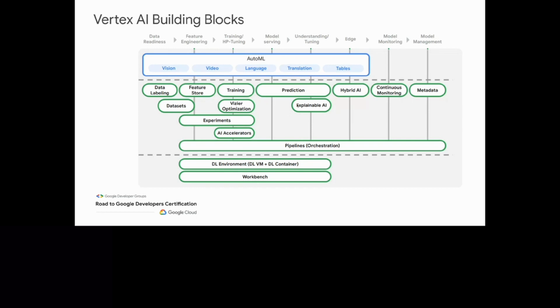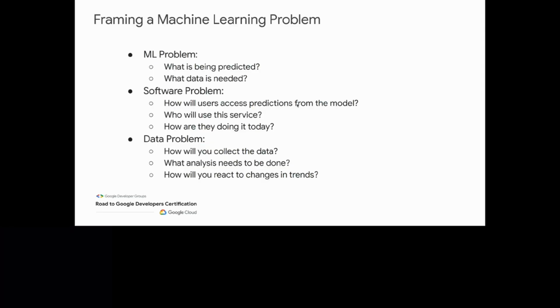So, framing a machine learning problem. A few questions to answer: what are we trying to predict, and what is the data? So basically, what is the input and what is the output? The ML problem gets the navigation part of it, but you need to be clear on the input and output.